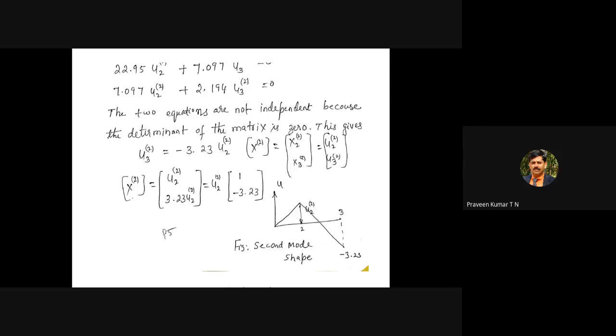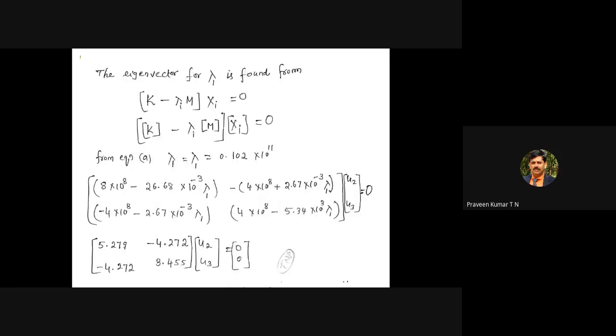So next class, we'll start with problems on dynamic analysis. In dynamic analysis, there is one mass matrix and one more, the stiffness matrix. The equilibrium equation is K u = λ M u. That is the equilibrium equation.